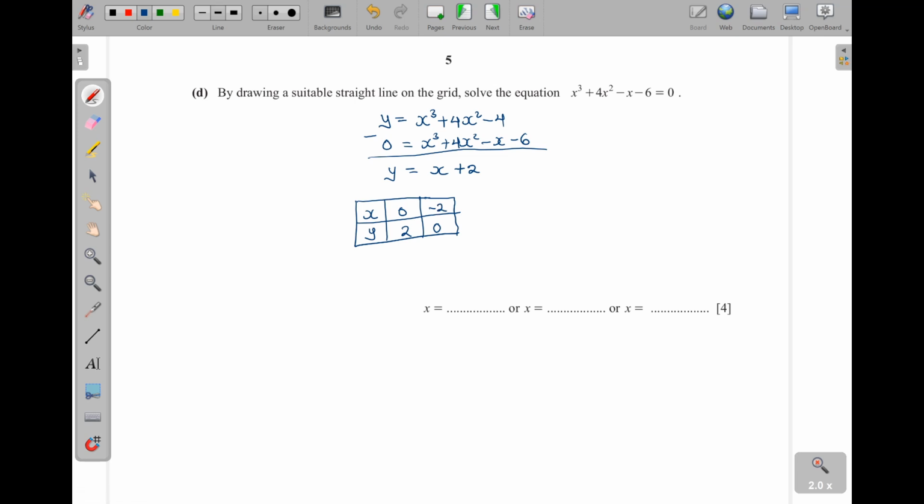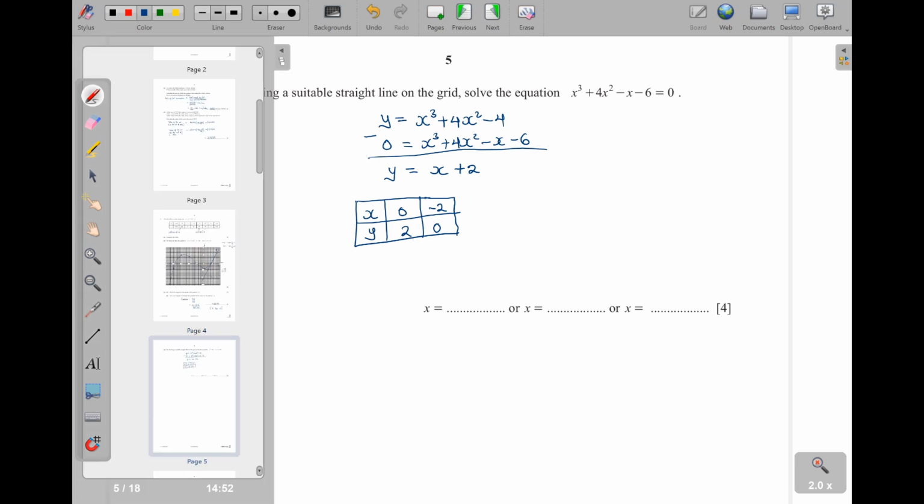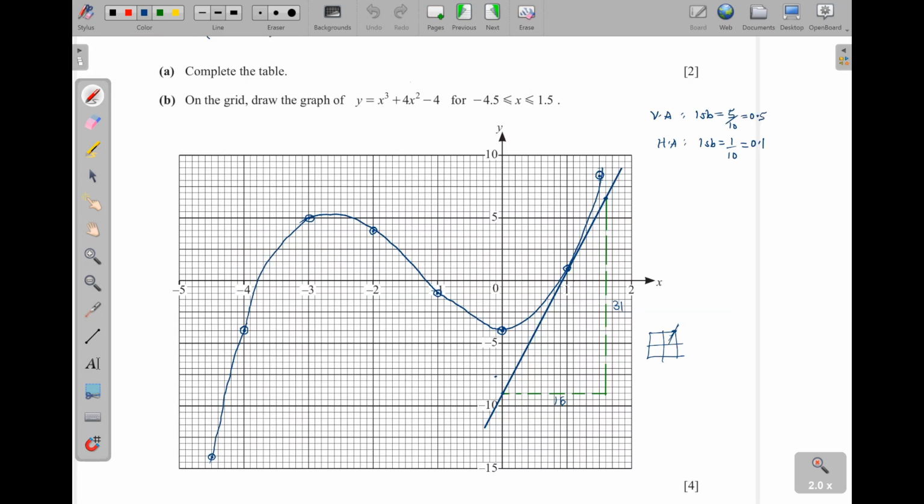So we go to our graph and we plot those points. 0, 2 is here. You can plot that point. And then negative 2, 0 is here. And plot that point. Then I can connect these 2 points here. In fact, let me use another color.